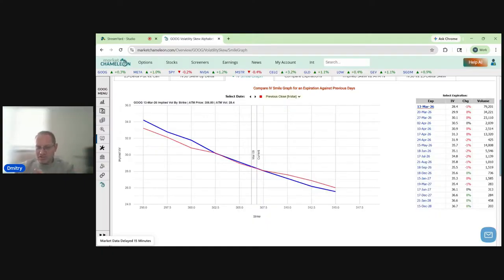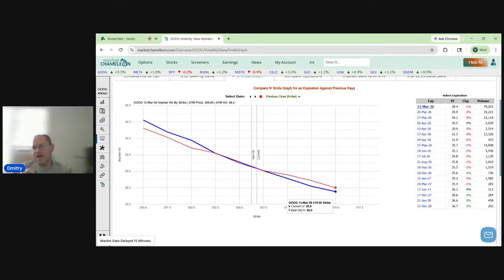At the same time, we see this other line, and that's the red line. The red line shows us what the implied volatility was the day before for each of these strikes. So here we see a shift in the implied volatility. If we look at the blue line, it shifted down in the higher strikes.